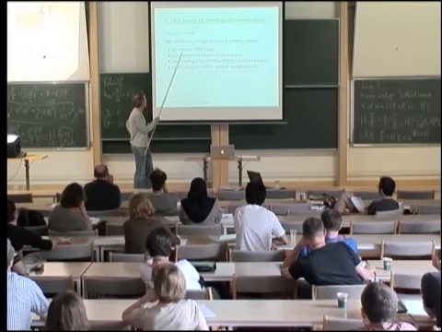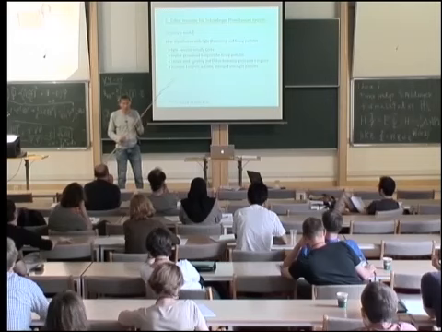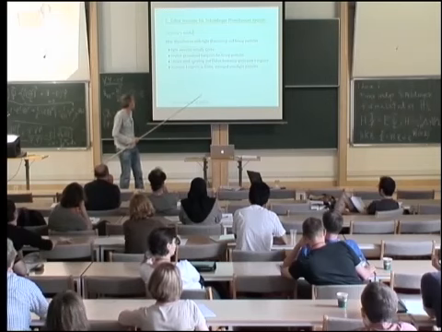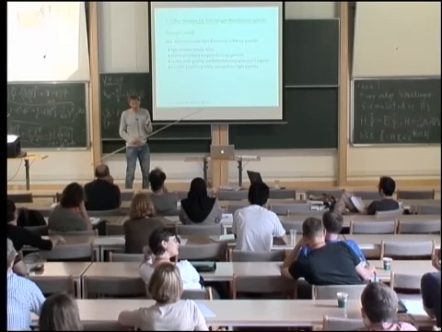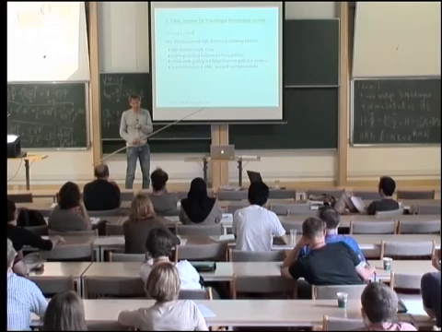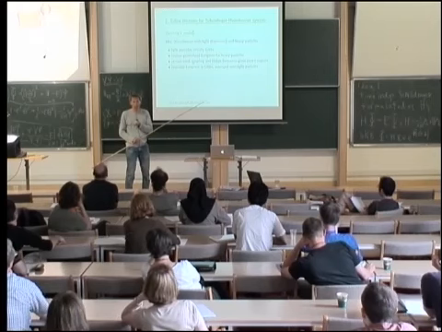You think of the light particles initially in a Gibbs distribution. Then you look for the dynamics of the heavy particles with the light particles having that distribution initially. Then you get the generalized Langevin equation for the heavy particles.